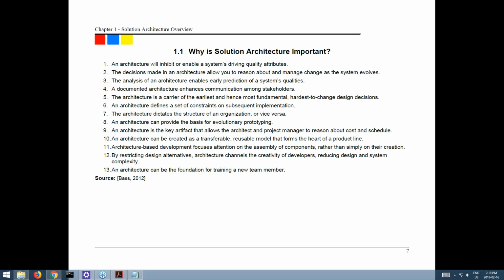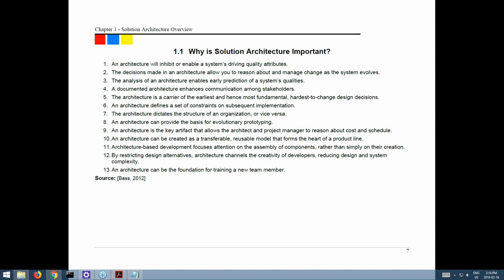Development organizations are often built around certain architectural boundaries and decompositions. And we sometimes see even operational setups that are predicated on a particular type of architecture.